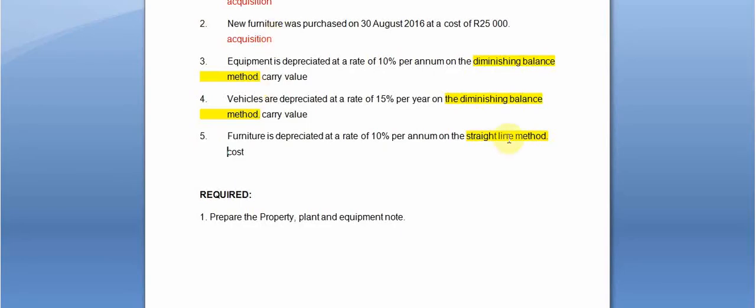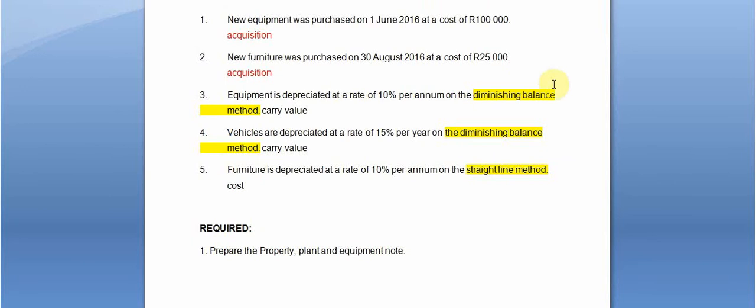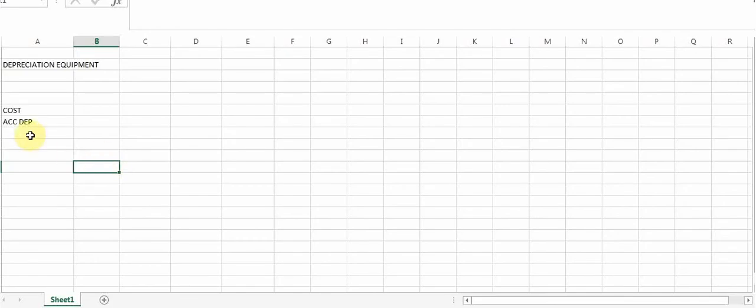Because they tell me in number 3 that I need to calculate the depreciation based on the diminishing balance method. That means I need to calculate the carry value. So I will then get to the carry value after I have deducted accumulated depreciation. So I will have my total, then I will have my old equipment, and then of course my new or my acquisition during the year.